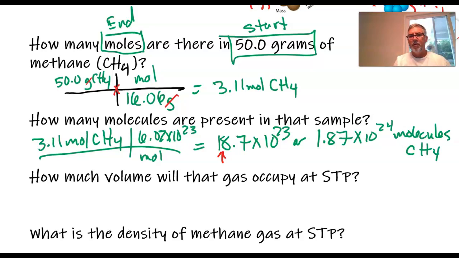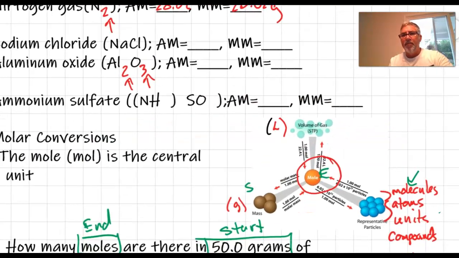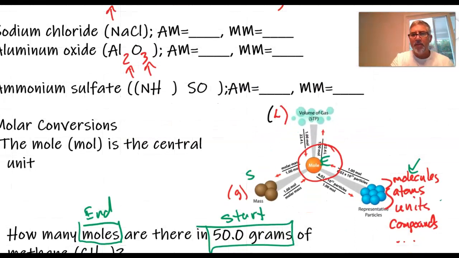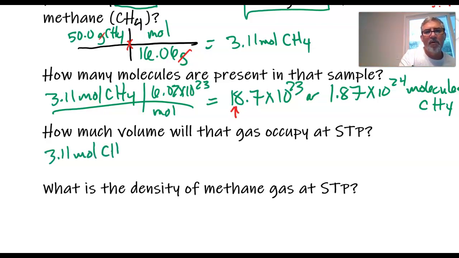Like that. All right. So how much volume will it occupy? Again, I started with mass, I went to moles, I've gone from moles to particles. Now I have to go to volume. I don't have to start at mass. I already know moles, so I'll just go from moles to volume. I'll start with my 3.11 CH4.